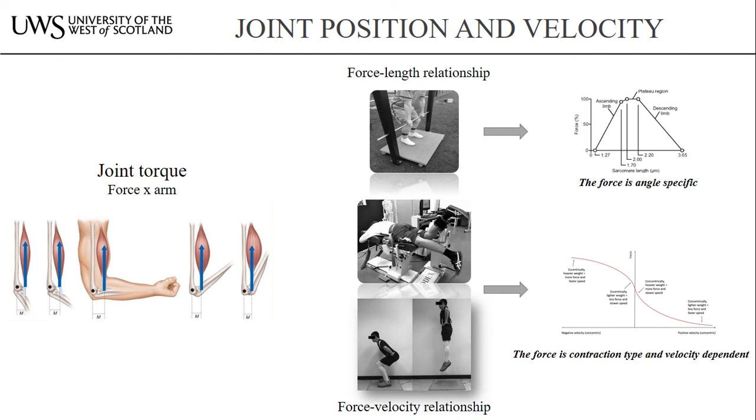Well, the last category of factors we should consider when, let's say, understanding what could be the limiting or potentiating mechanisms leading to force production is the relationship between the joint characteristics, so actually the configuration of the joint around which the movement is performed, and both the force and velocity relationships.